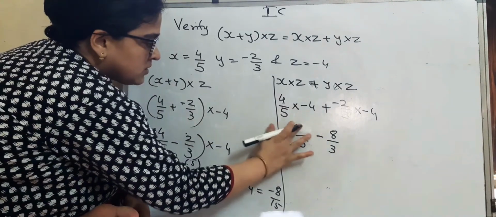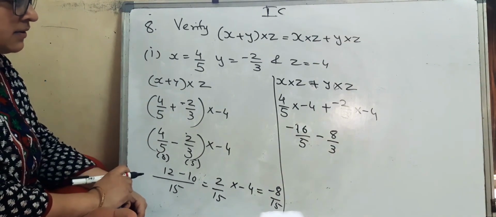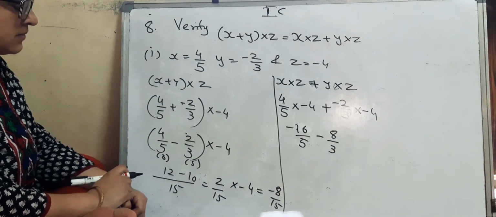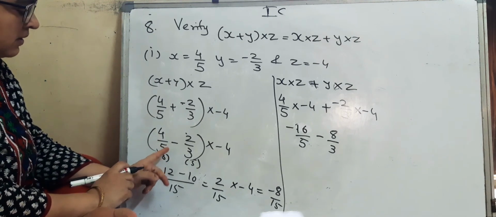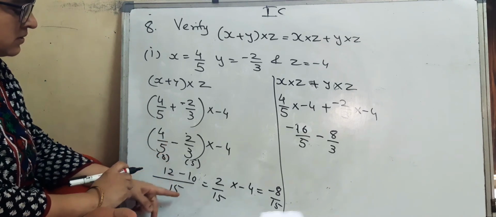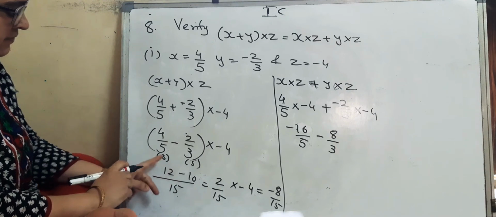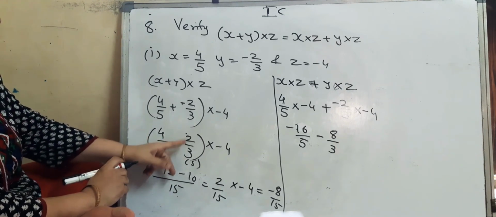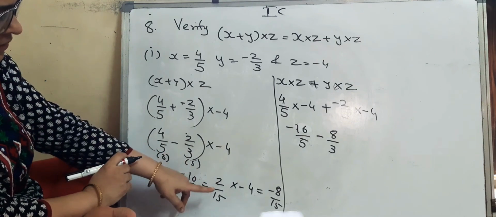4 4s are 16, sorry. Minus 16, and minus minus plus, minus 2 upon 3. Yes, 12 minus 2 upon 5 into this.